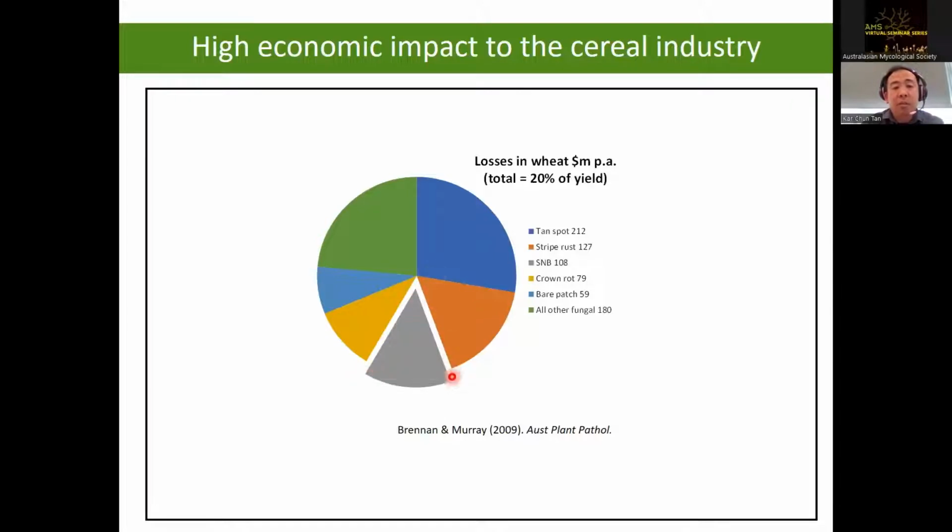And this figure actually predominates in Western Australia, where Septoria nodorum blotch is a predominant pathogen, and where I am at the moment, it is essentially a stronghold for the disease. The fungus tan spot, which is very similar to nodorum, takes top spot. I won't talk too much about that today, but I think it's safe to say that our task is to try to reduce this slice of the pie, Septoria nodorum blotch of wheat.